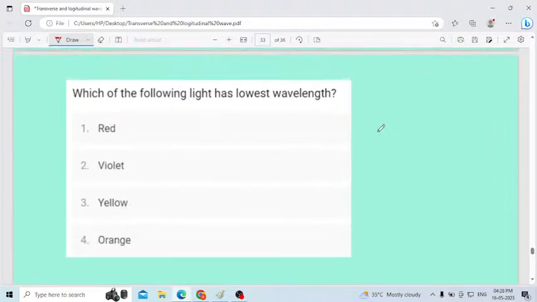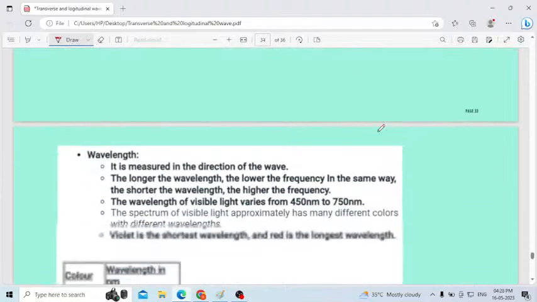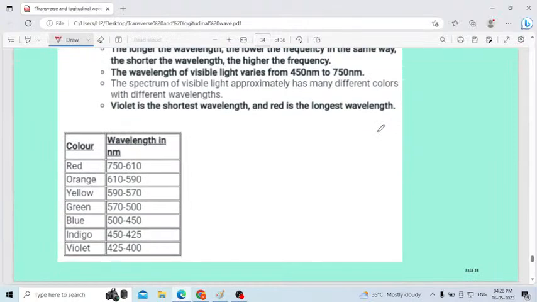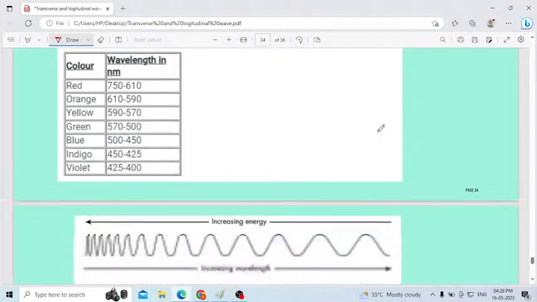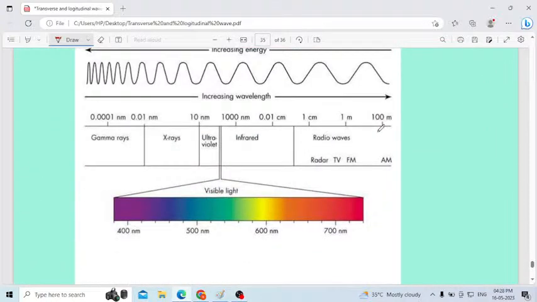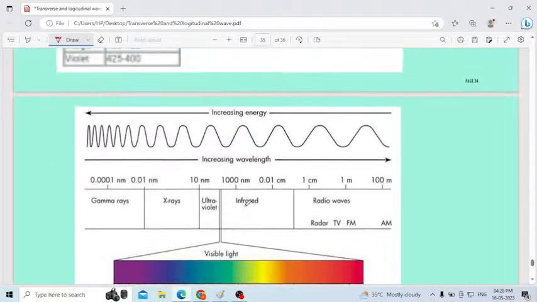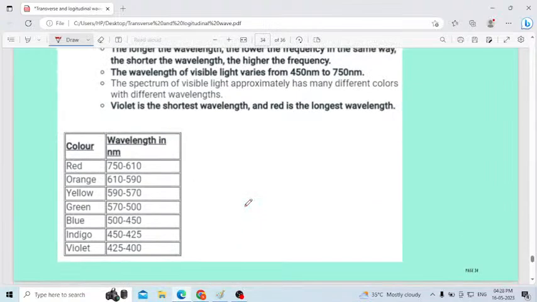Next question. Which of the following lights has the lowest wavelength? Red, violet, yellow, orange. Let us discuss here. I will show it in the diagram. Different colors of light have different wavelength ranges.